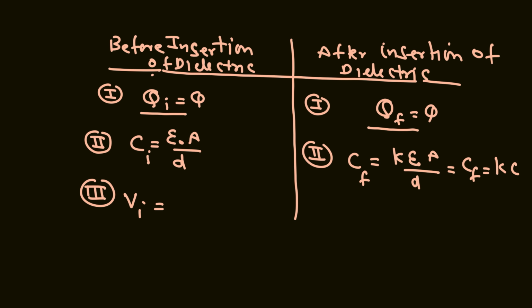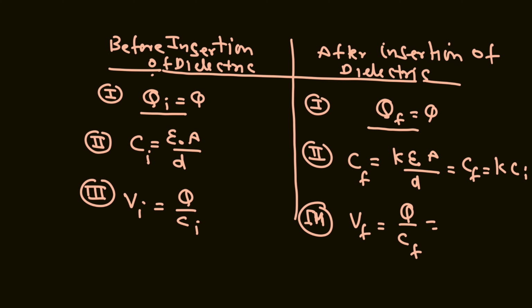Initial potential is nothing but Q by C initial. Final V is Q by C final, where final capacitance is K times C initial.